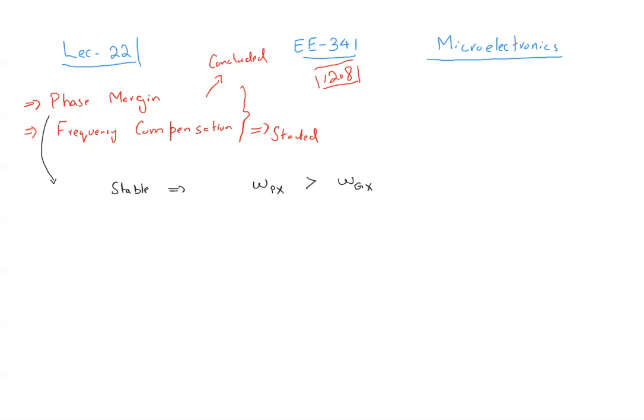And for the phase margin, we concluded that phase margin is equal to the angle at the gain crossover frequency plus 180 degrees, and gain crossover frequency of what?